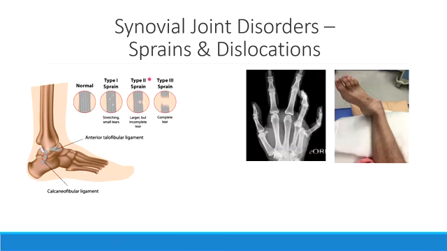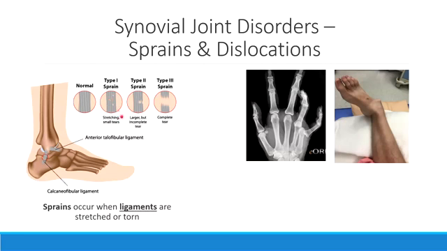When I talk about things like sprains or dislocations, these are both going to be issues with my ligaments that I see at my synovial joints. So a sprain occurs when a ligament has either been stretched out or actually been torn. So if you ever sprained your ankle, if we've just stretched it a little bit, we might see some small tears in that ligament.